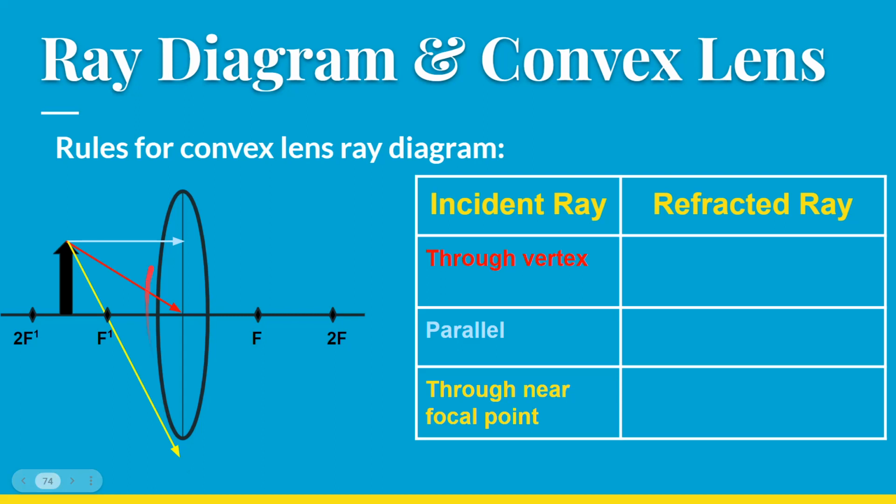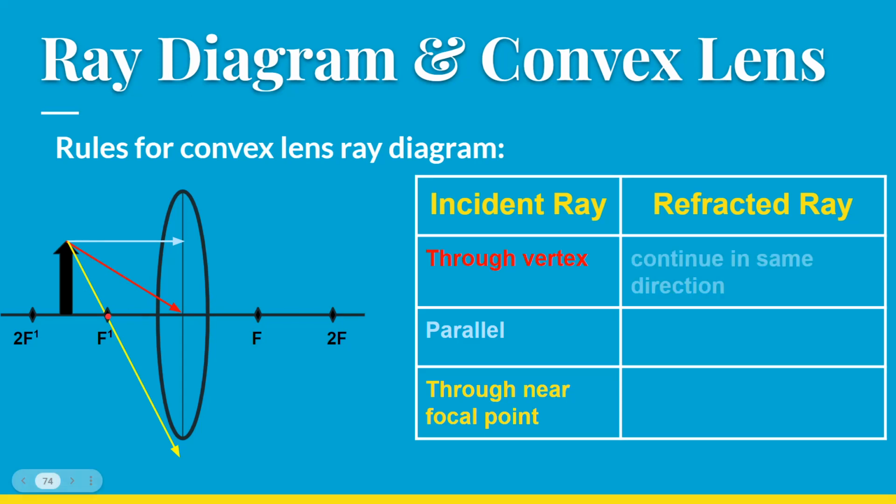One of them is going to be drawn through the vertex, that's this red one right here. I'm just going to do them all from the top point of the image because that will show me where the top point of the image forms. One of them is going to be parallel to my principal axis, and then one of them is going to go through the focal point on the near side.